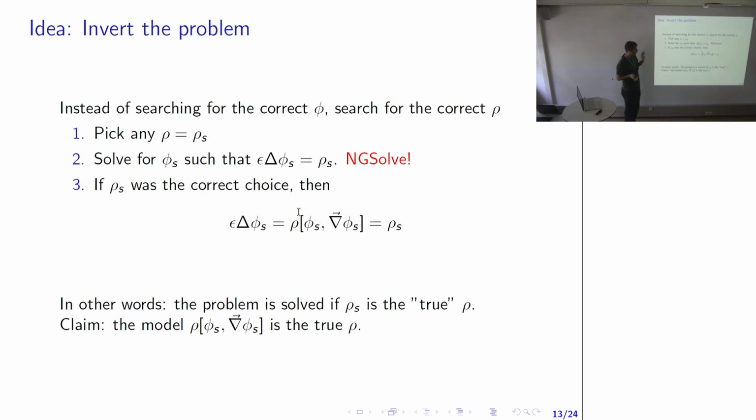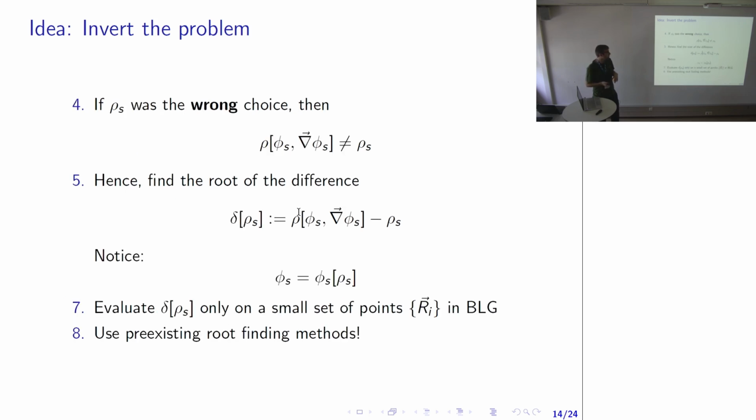Then we are going to claim that if rho was correct, then if I evaluate the model with this phi, given this rho, the rho that I plugged in and the model that I get out are the same. So I'm going to claim that the model is the true rho of the system. And I'm going to claim the system is solved if the model and the rho you input are the same.